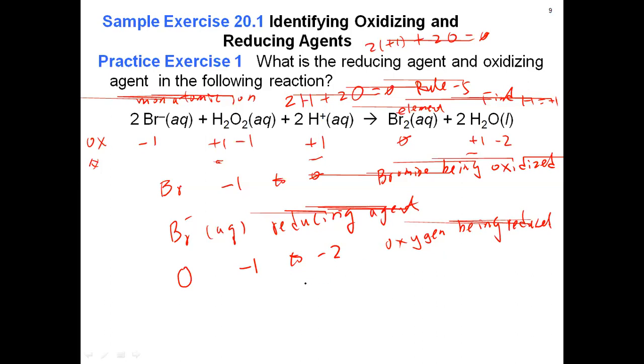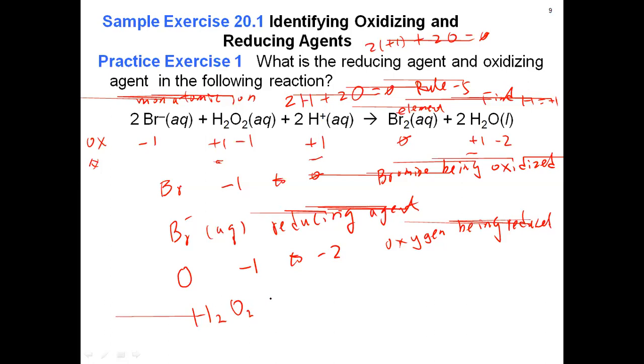Whoever has the element being reduced is our oxidizing agent, I mean, the reactant. The reactant that has oxygen is H2O2, and this oxygen, going from left to right, is being reduced.